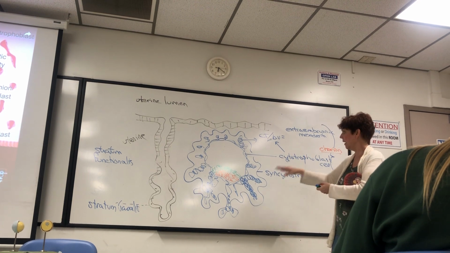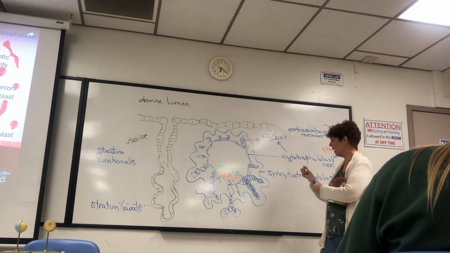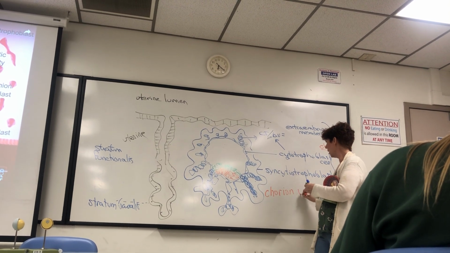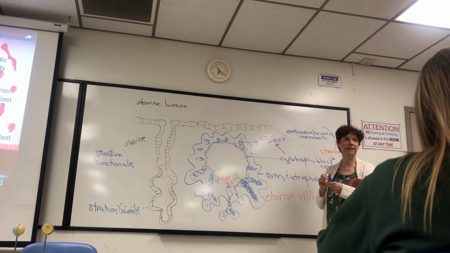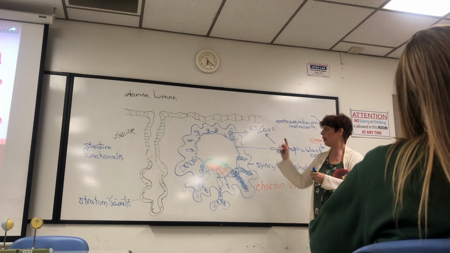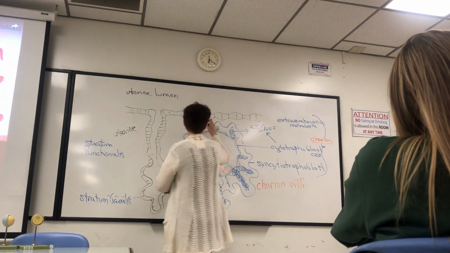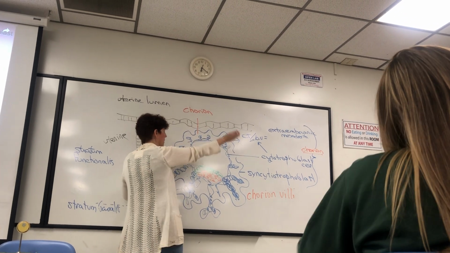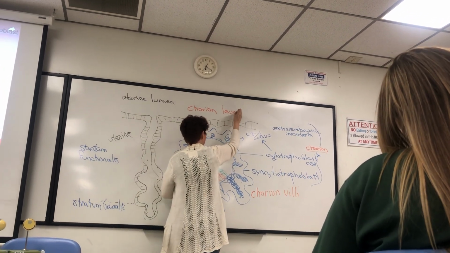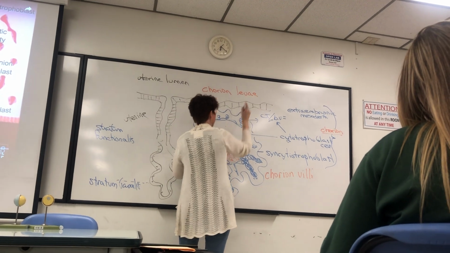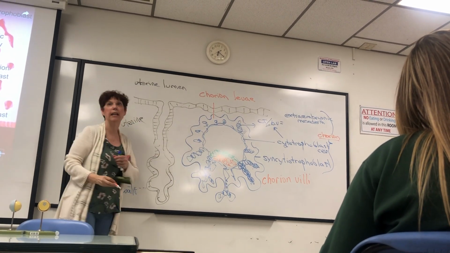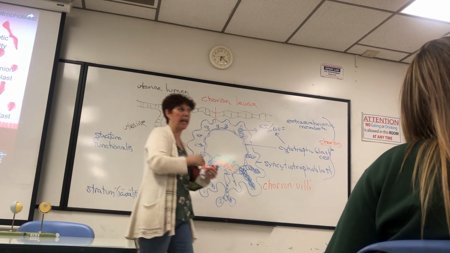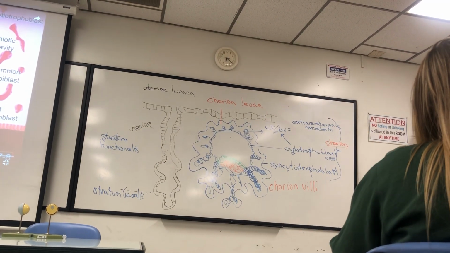Where we have the extensive branching, this is known as chorion villi, okay? Where we have less branching, it's known as chorion laeve, and there's different ways of spelling this. You can go L-A-E-V-E, or L-E-A, anyway. It means smooth. So we have the branching chorion and we have the smooth chorion, okay?